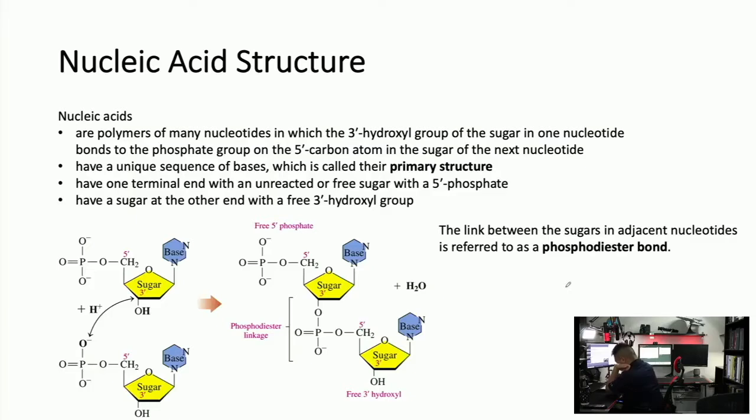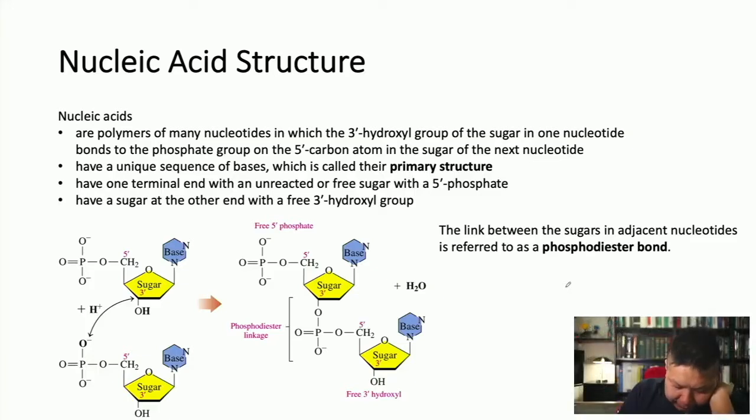So let's talk about the nucleic acid structure. Nucleic acids, like I said, are the entire strand of DNA molecules, right? With the multiple pentose sugars in a polymer, okay, with its nitrogenous bases.